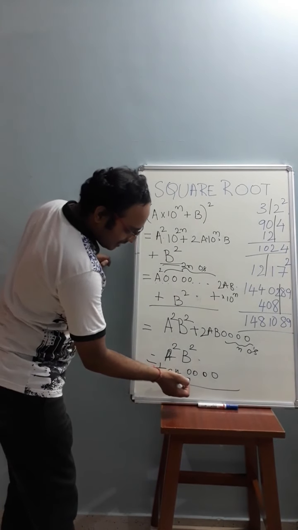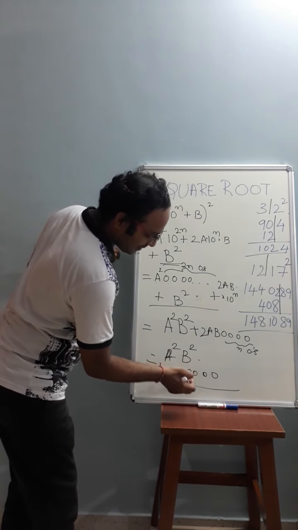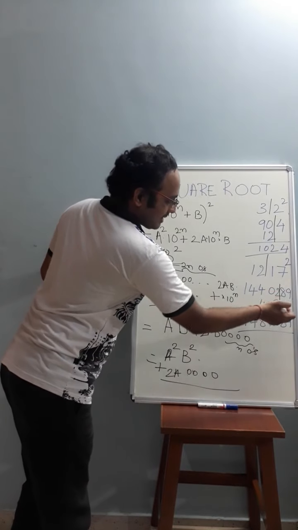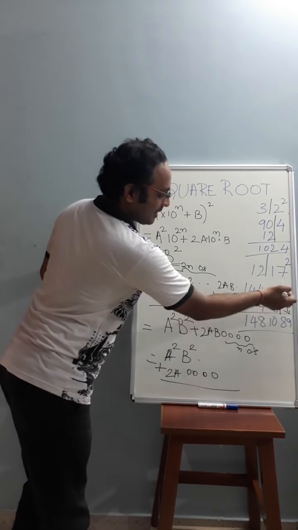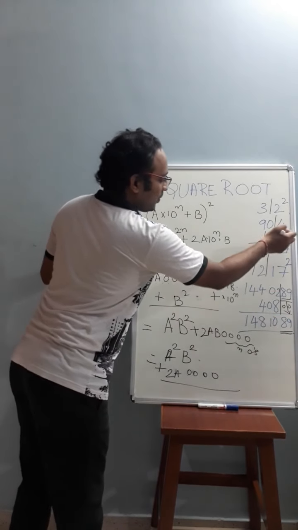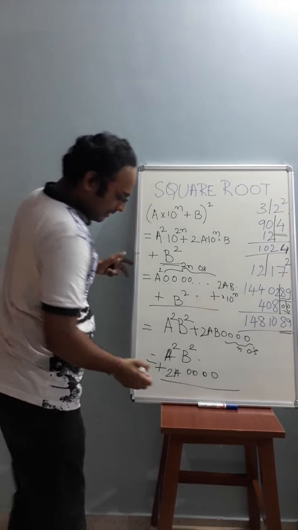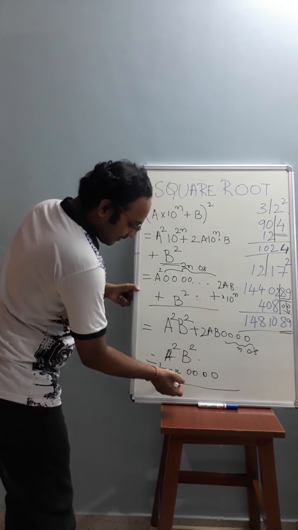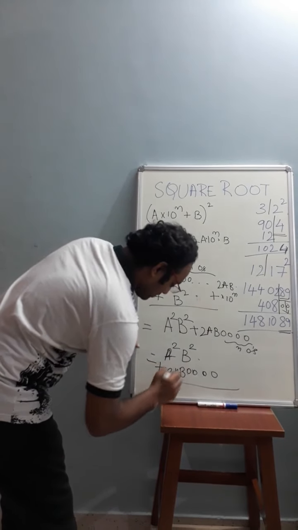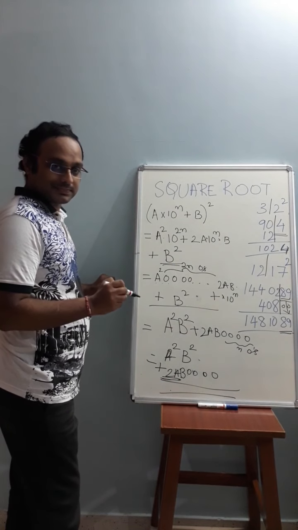When I have n number of zeros, all the digits above these zeros will come as it is. That is what happened. Here it was 89, it came as 89. Here it was 4, where n is 1, and 4 came as it is. And for the remaining digits, we added 2ab. So this is how this trick works.